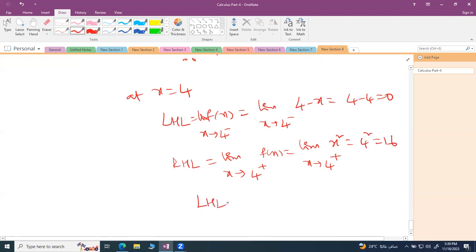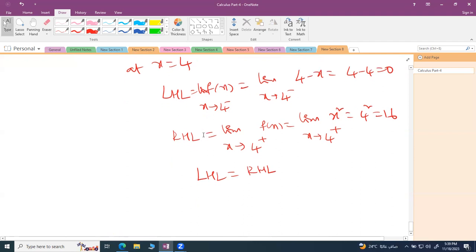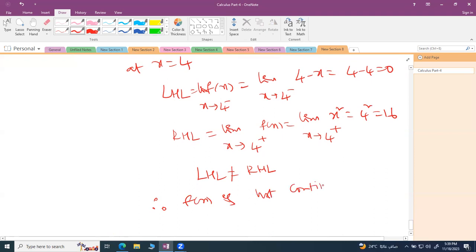So left hand limit is not equal to right hand limit. Therefore, f of x is not continuous at x equal to 4.